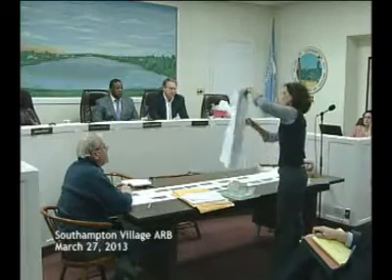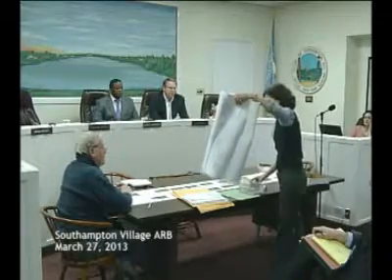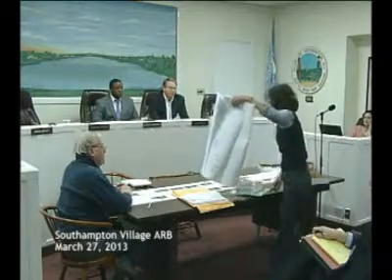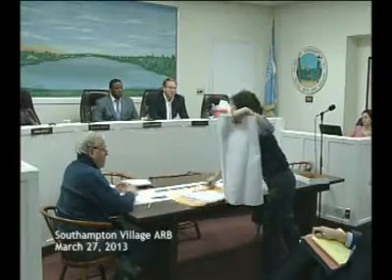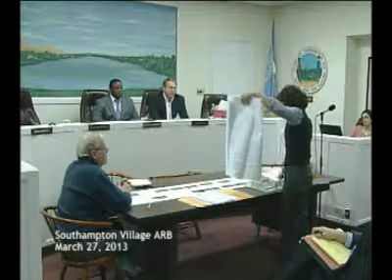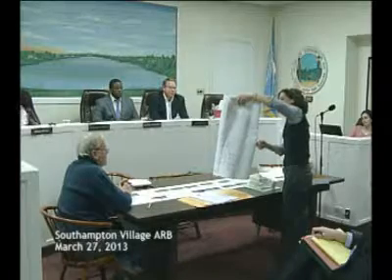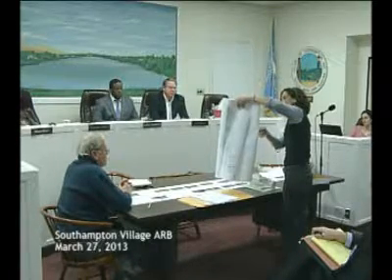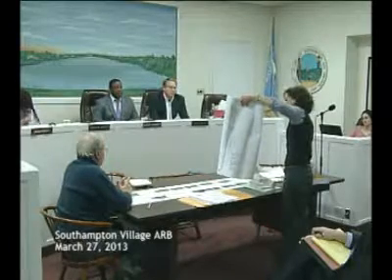What we're proposing is a privet hedge, similar to, as you can see in the photographs, many houses on Burnett Street. There is an existing privet hedge on the east side that we're planning to fill in, to have a continuous privet to create a privacy screen. For the record, what would the height of that be?